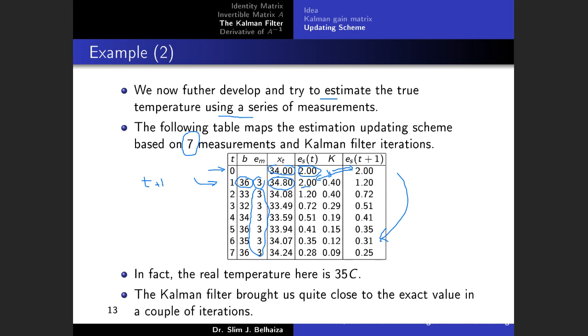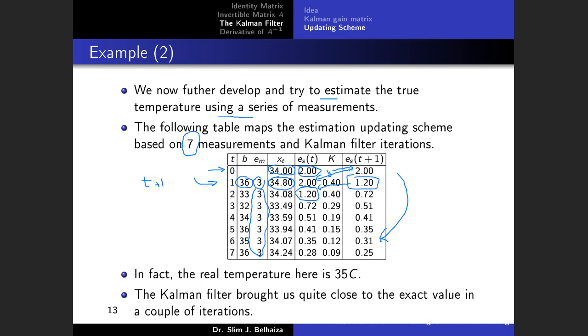And we finally end our iteration with a new estimation error, which is 1, as you've seen in the previous slide. All right, guys? Now you see that at the end of this iteration, the new estimation error would be used as the initial estimation error in the next iteration, 1.2.